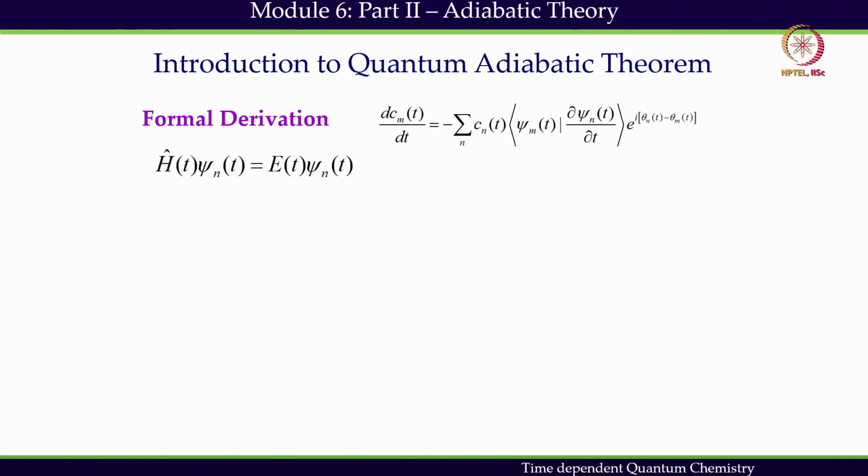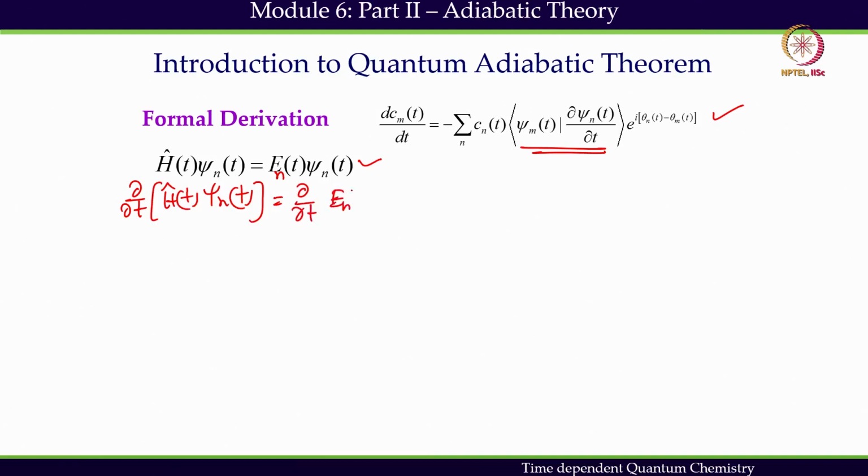We have this expression already given, and we need to know this one. In order to get this one, we will first take the time derivative of this expression. This is the eigenvalue equation at time t, immediately after the adiabatic process is turned off. So we will take the first derivative with respect to time. We get H(t) psi_n(t) equals E_n(t) psi_n(t).